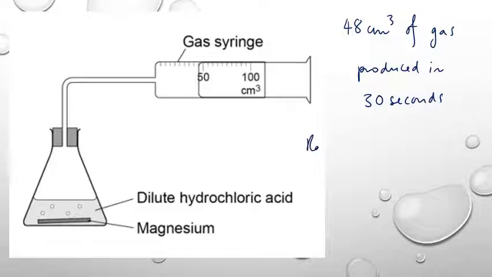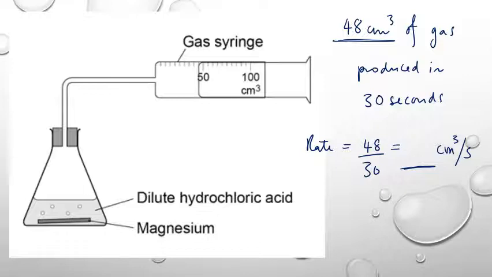Our rate therefore would be 48 divided by 30. So our change in amount, this time of a product, our volume of gas, divided by the time. And this time our units would be centimeters cubed per second. And then again we'd have an alternative value for the rate of reaction.